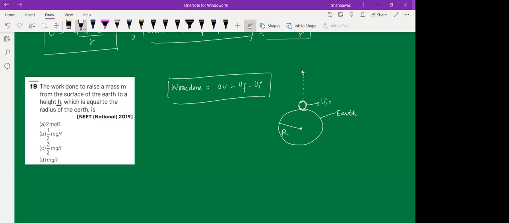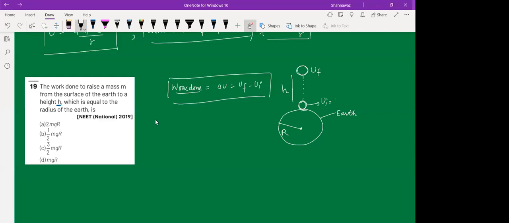So now the object is here, right? And this height is h. So this would be some final potential energy, right? So there is a change in potential energy, and then we have to calculate the work done, so that would be just the change in potential energy.